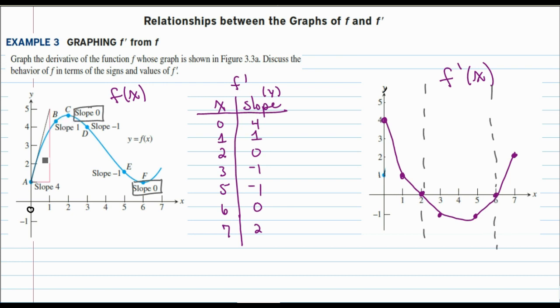Before x equals 2, the slopes are positive. In between 2 and 6, the slopes are negative, and after 6, the slopes are positive again. So we've got positive, 0, negative, 0, and positive.